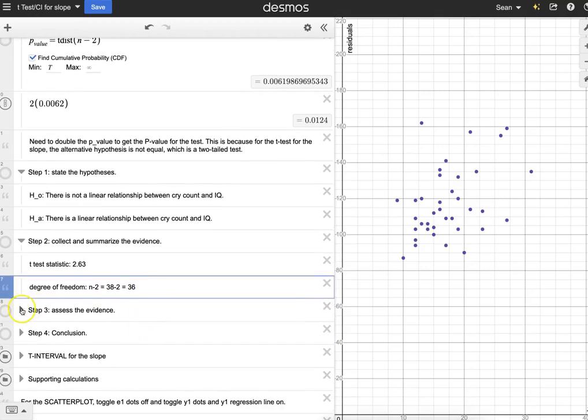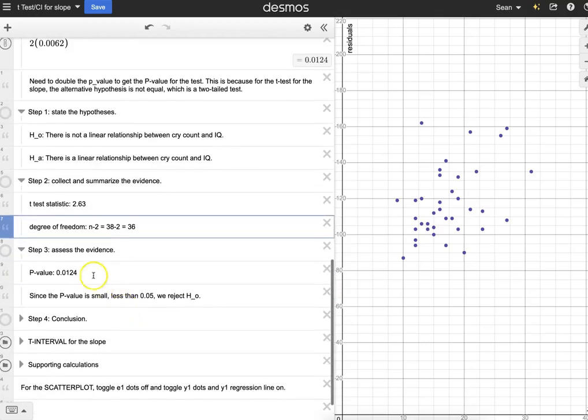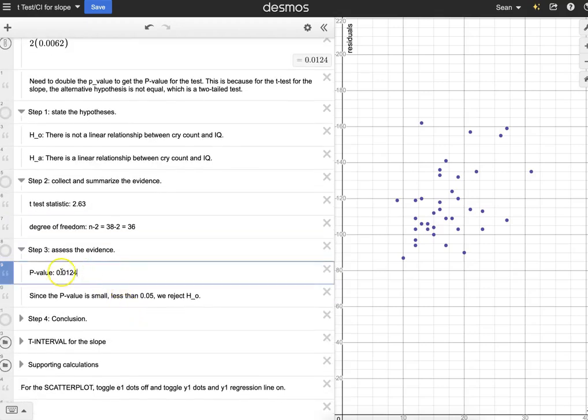The third step is to assess the evidence. The calculator provides the p-value, we double it, and we get the p-value of 0.0124. This is small. This is less than 0.05, so we would reject the null hypothesis.